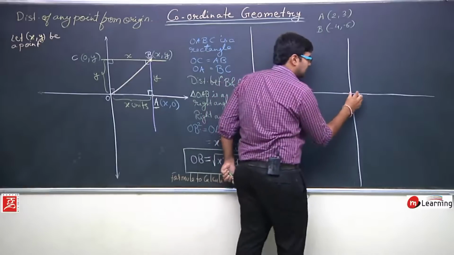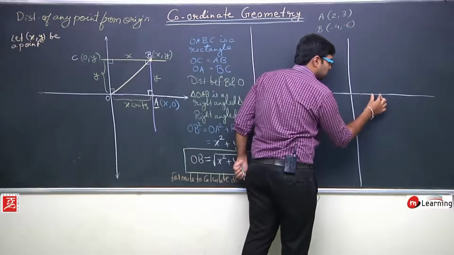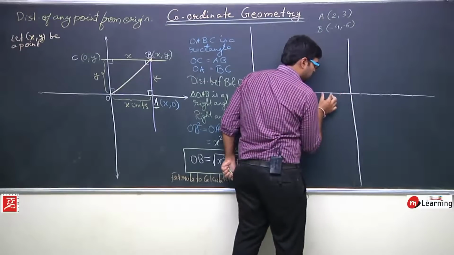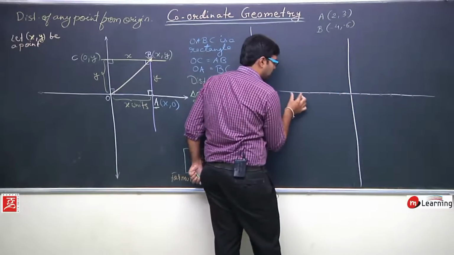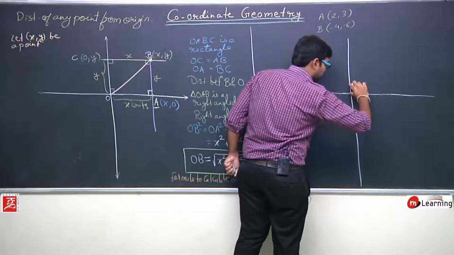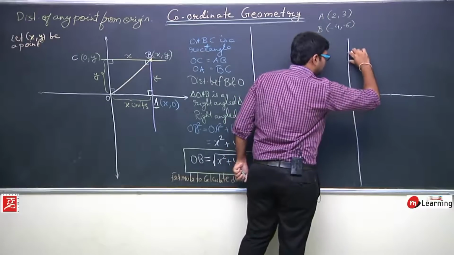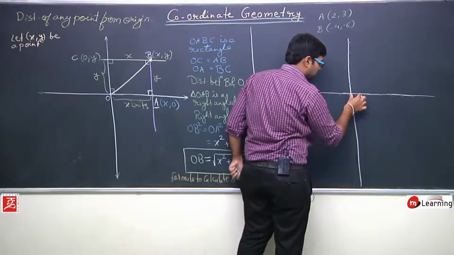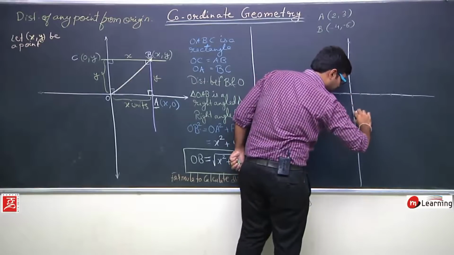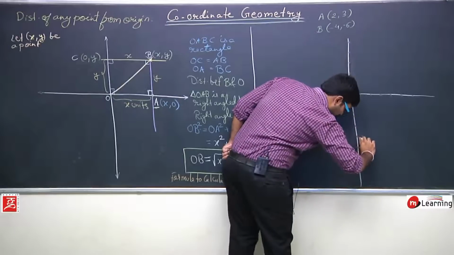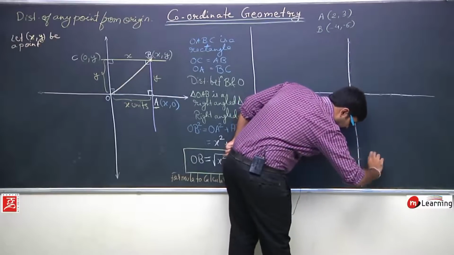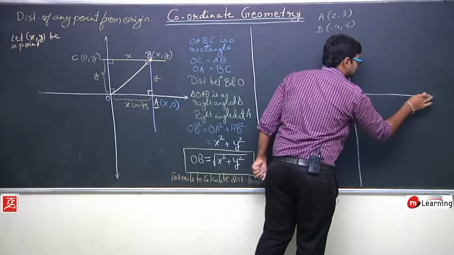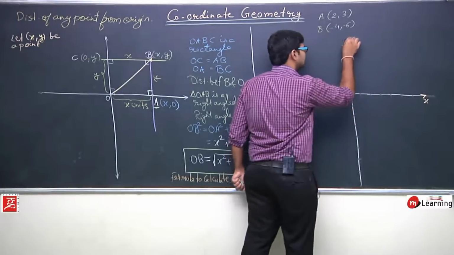Let us say this is 1, 2, 3, 4, 5, 6, and the same on the other axis.